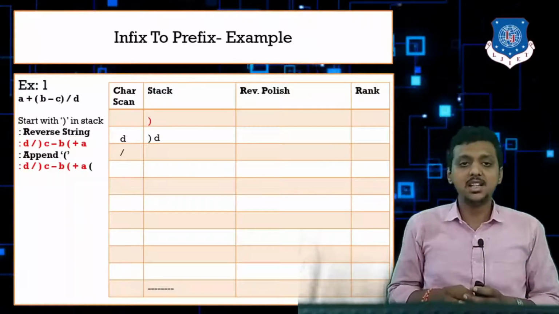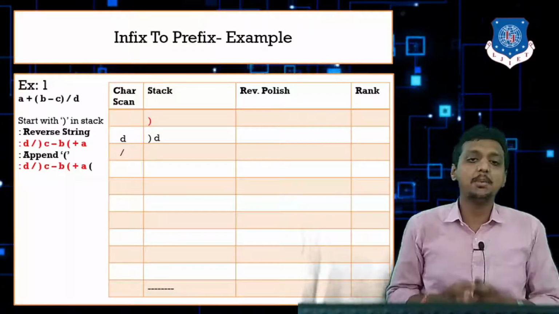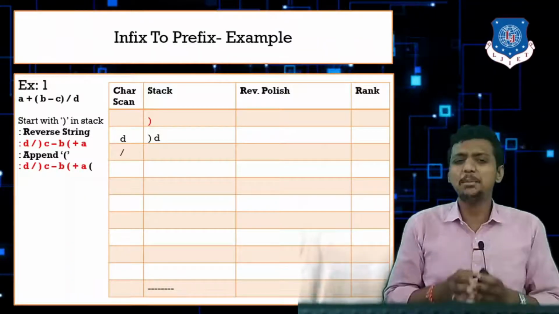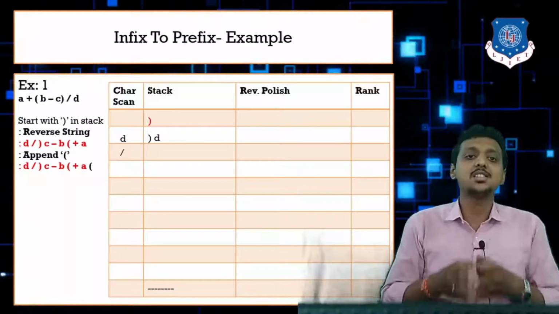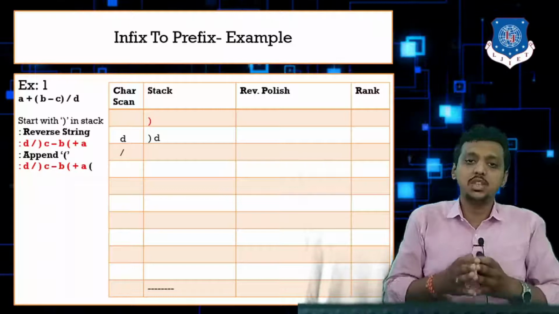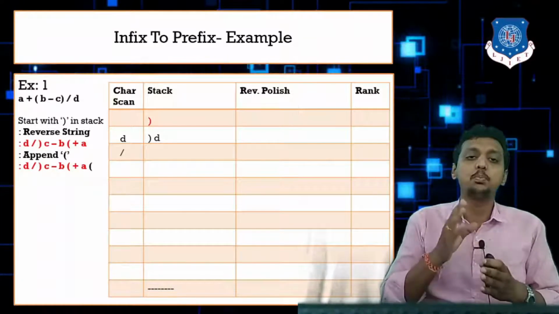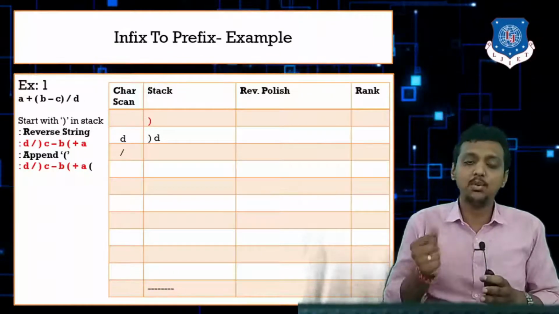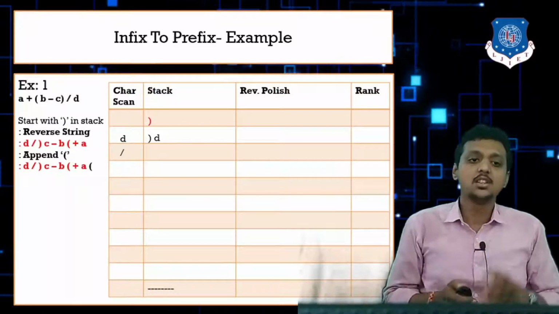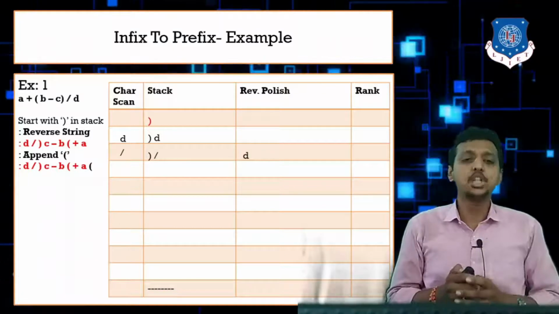If you draw the precedence table in your notebook and remember it, you will get a better idea that when your closing bracket is inside the stack, its precedence is 0. So here the division has a higher precedence than the closing one. That's why we are just going to push division inside the stack. But before that, do not forget to pop out d from the stack. So I'm popping out d from the stack into the reverse polish, and then pushing division.